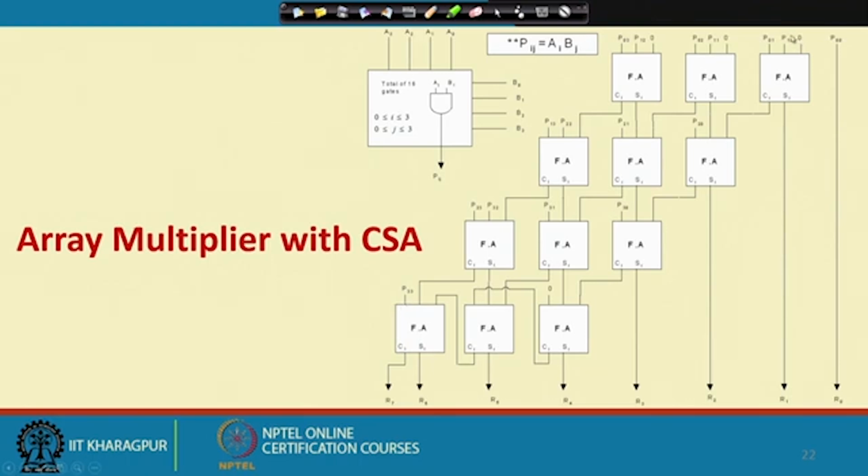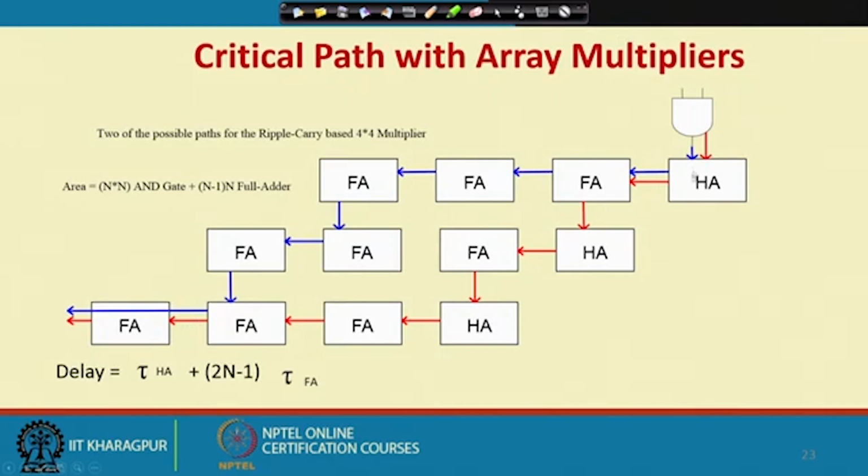If I consider this, it is passing from this to this to this to this, then again this to this to this. The number of cells it passes through is a half adder, then 1, 2, 3, 4, 5, 6 full adder cells. Apart from that, 1, 2, 3, 4, 5, 6, 7.